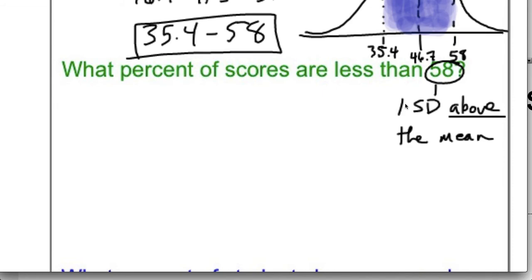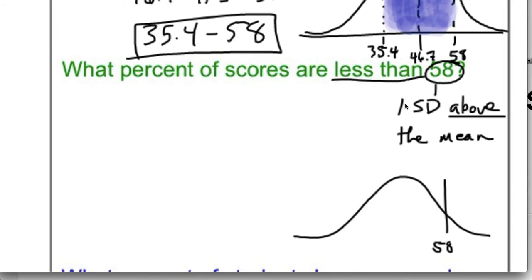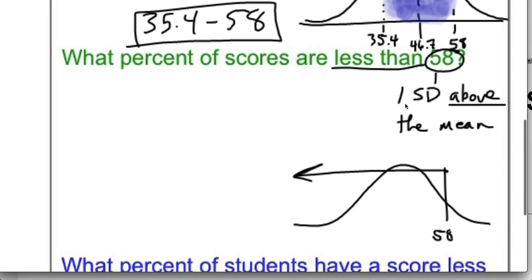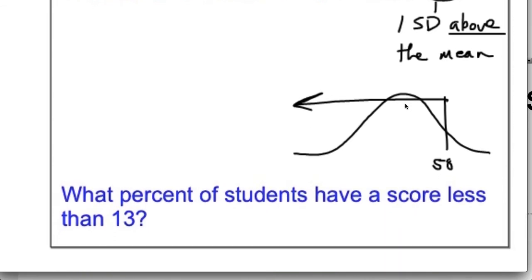Okay, and so here we are, there's 58. And if I'm looking for percent of scores that are less than that, I'm looking for what percent are this way. Okay? And that ends up being kind of the same problem that we just looked at.